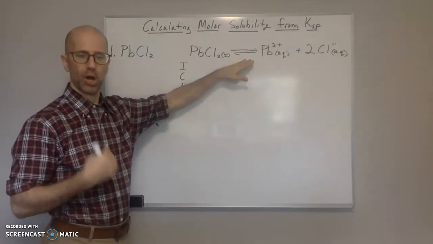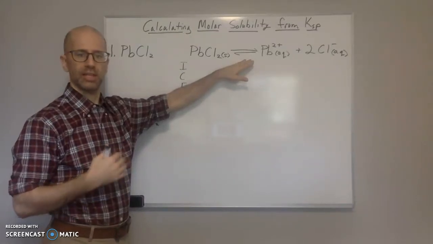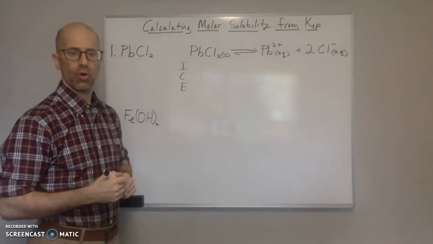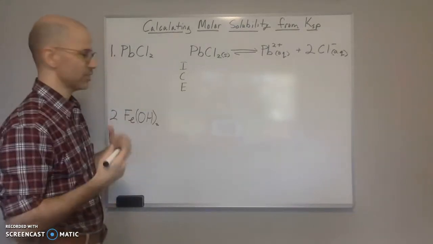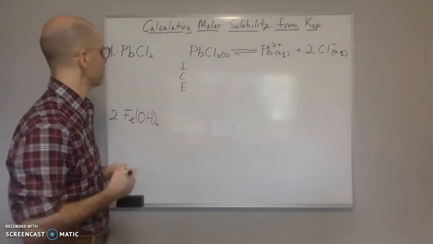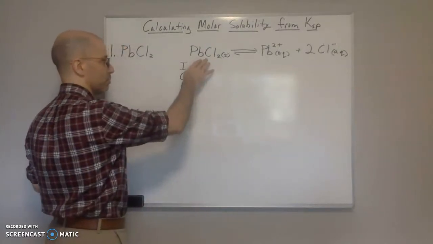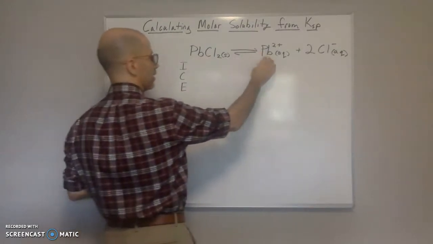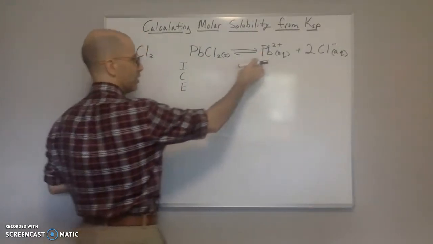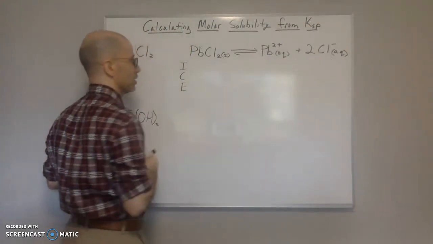They're not going to be part of the expression, because the concentrations don't change over time as the reaction occurs. So we're going to ignore the PbCl2, and we're going to look at these two species.